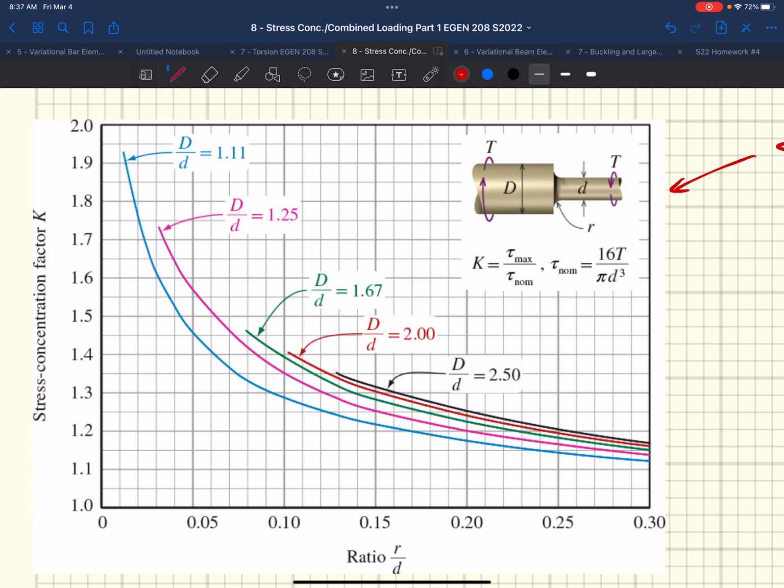Well, we can start at the y-axis, hit a curve, and go down to the x-axis, and figure out what radius to minor diameter ratio we need to limit our stresses. As this R over D ratio gets really small, if our radius gets really small, we move way down here on our x-axis, closer to 0, and that stress concentration factor goes through the roof.